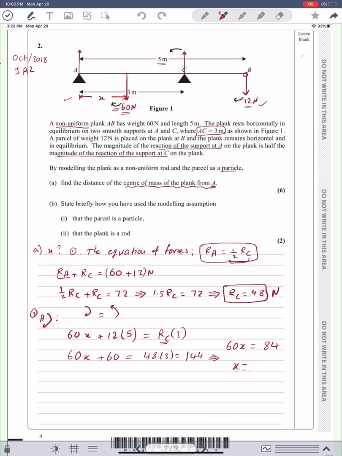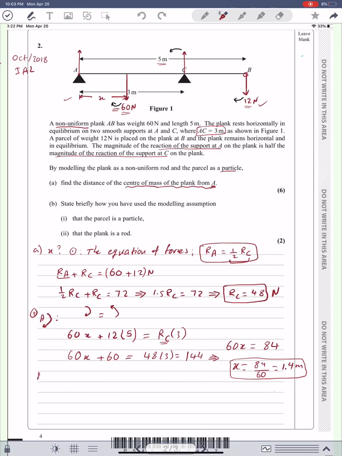So x is equal to 84 over 60, which is 1.4 meters. This is the center of mass from A, on the plank.